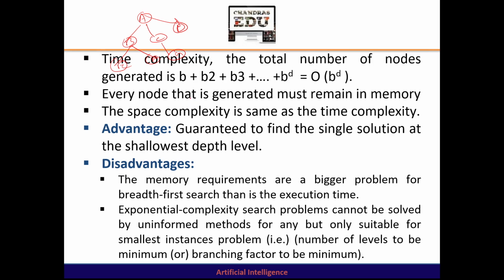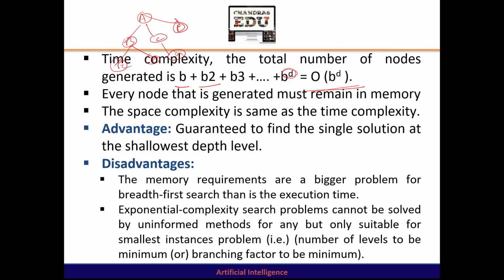So the branching factor may be b, then b square, b cube, and so on. It will increase based on the depth. If we consider d to be the depth, then the time complexity is the sum of all these things, and that can be expressed exponentially as O of b power d.